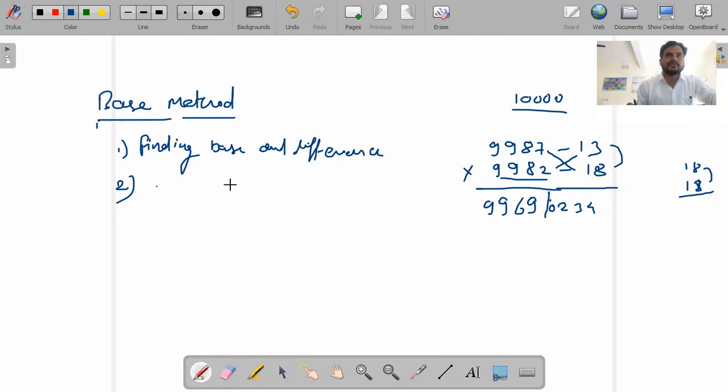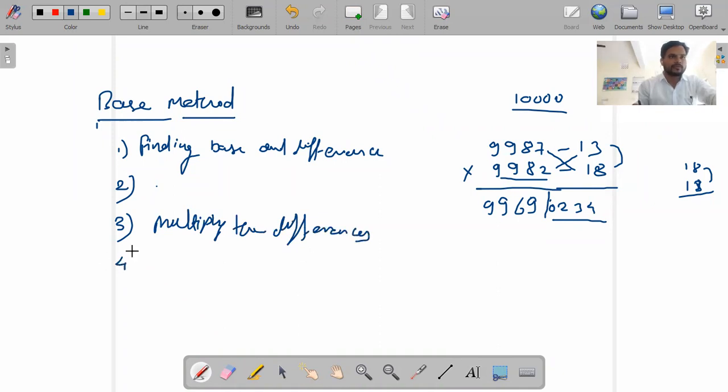So what was the second step? The number of digits to the right hand side is equal to the number of zeros in the base. And what was the third step? The third step is to multiply the differences. And what was the fourth step?